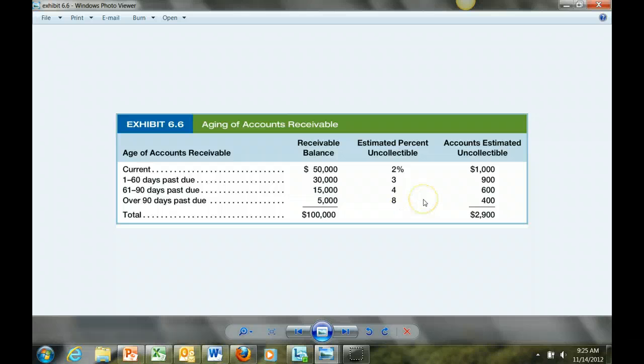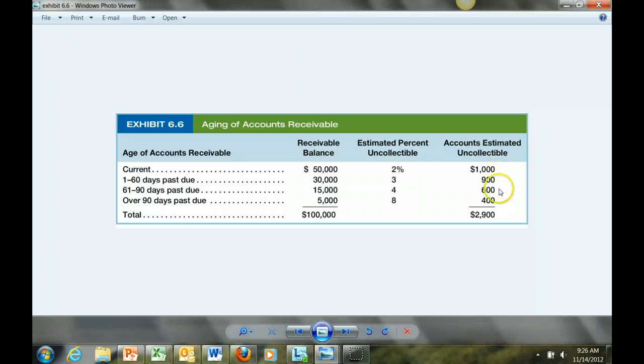So in this particular example, the firm anticipates that 3% of all accounts between 1 and 60 days past due will be deemed uncollectible. Therefore, we have a balance of $30,000 in the category 1 to 60 days past due. We deem 3% uncollectible, so we estimate that $900 of that $30,000 will be uncollectible.